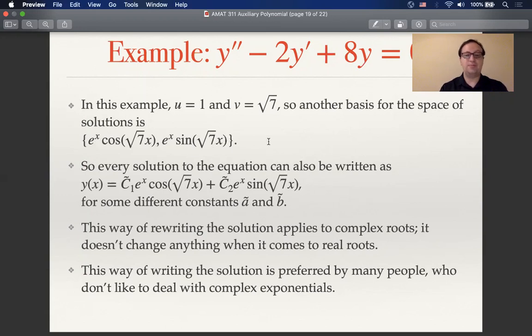So instead of using complex exponentials, we can write any solution in terms of these functions. So any solution y of x is equal to some constant c1 tilde times e to the x cosine of square root of 7 times x plus another constant c2 tilde e to the x sine of square root of 7 times x.